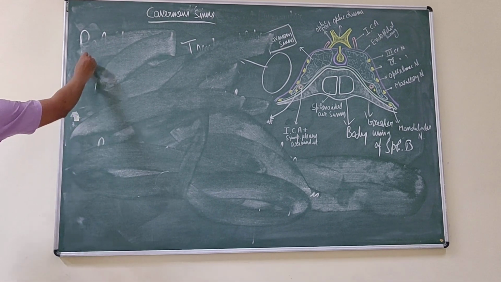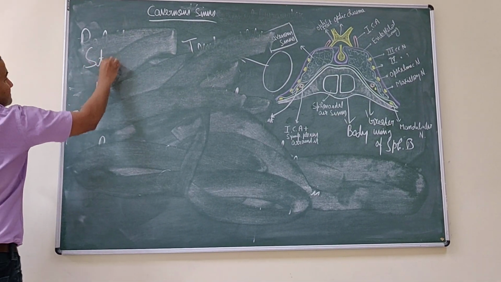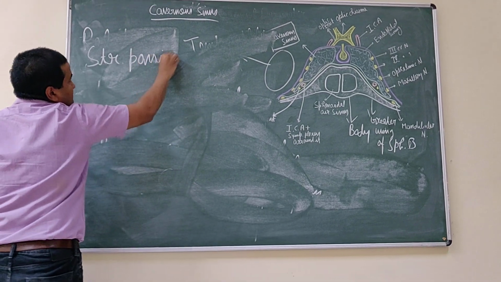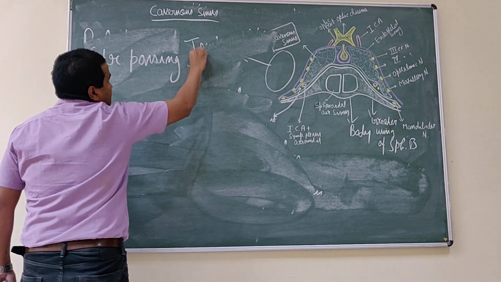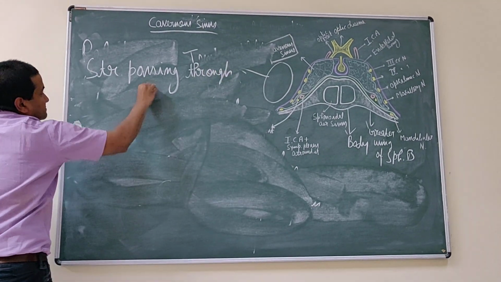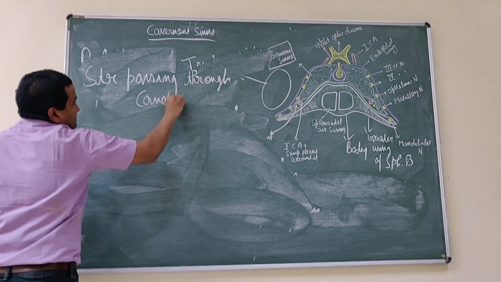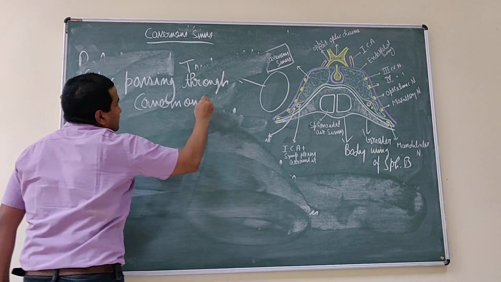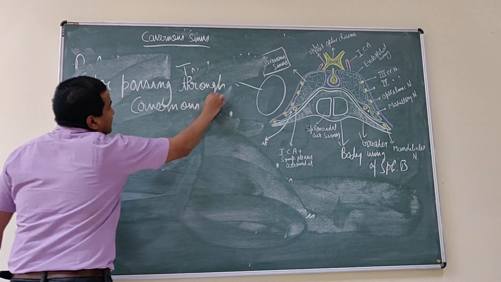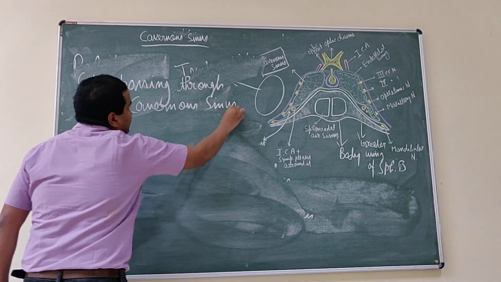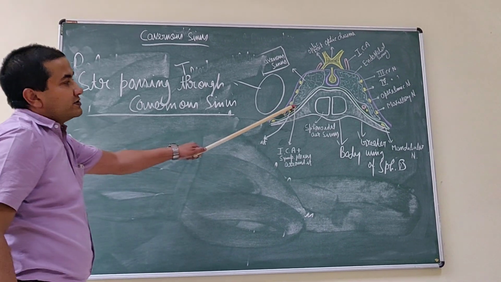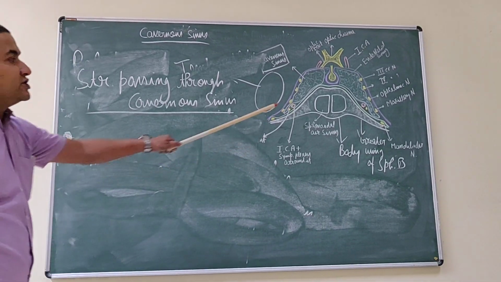Now, structures passing through the cavernous sinus. It is frequently asked in the examination: what are the structures passing through the cavernous sinus? Basically, there are two structures that cross the cavernous sinus through its interior.